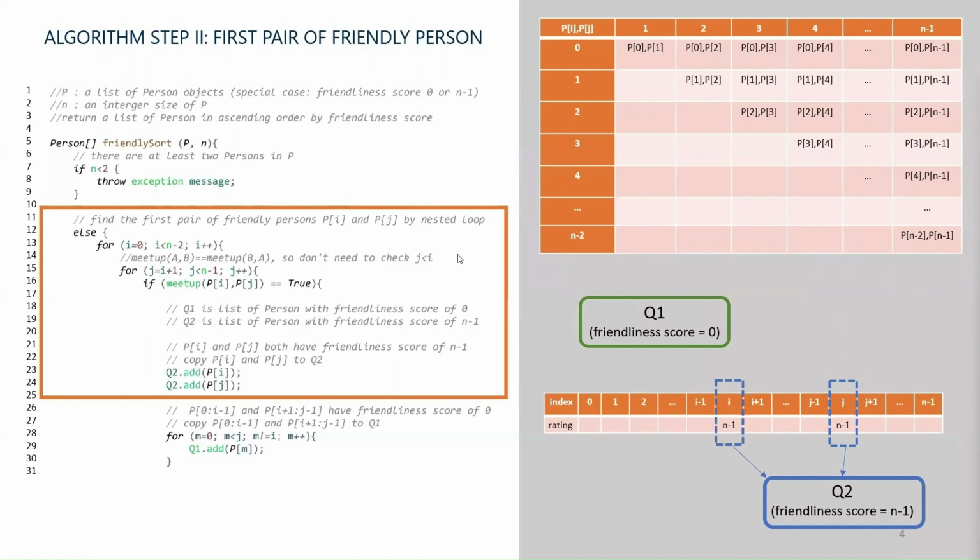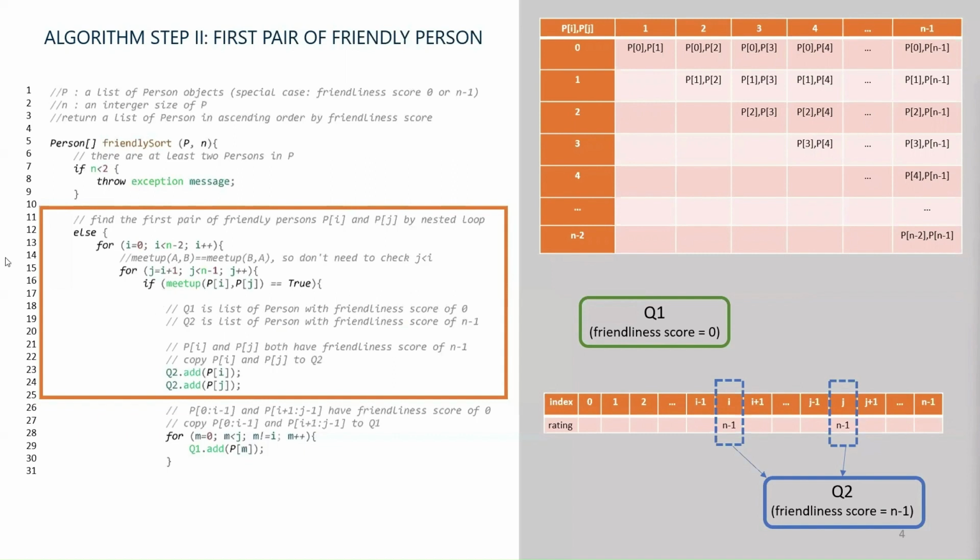Meetup(Pi, Pj), actually. A little trick here to optimize the cost: because I mentioned before, meetup(A, B) equals meetup(B, A), if we call P1 and P2, we don't need to call P2 and P1 again.